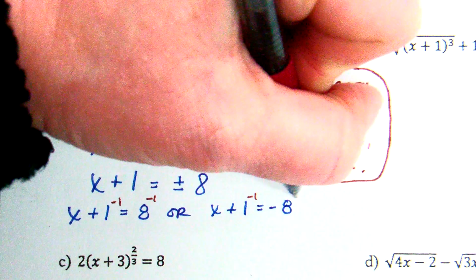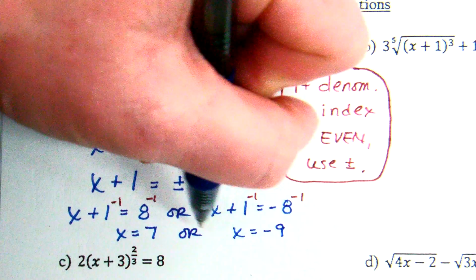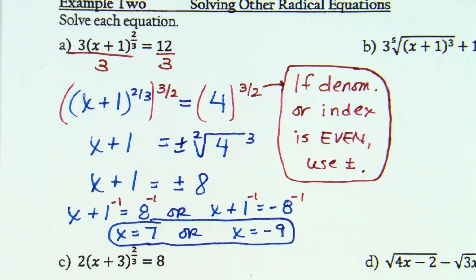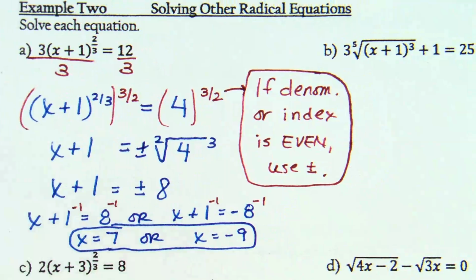So what are my solutions? 7 or negative 9. Okay. So that's an option of how you can work that problem when you have a fraction exponent.